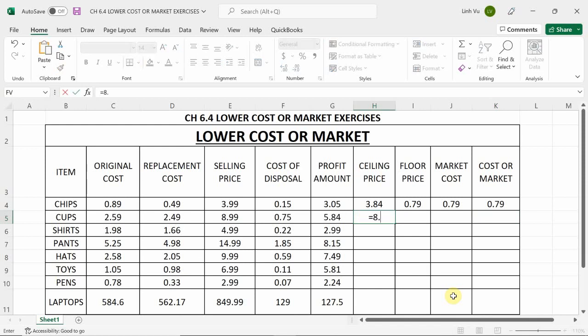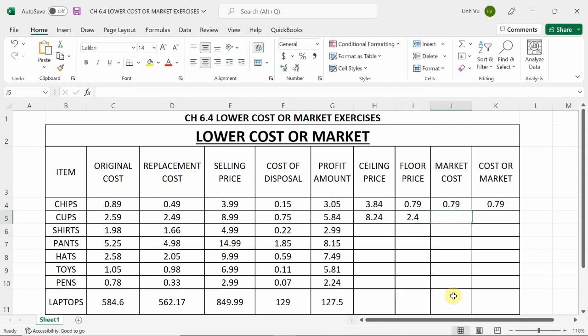Good. So in this case, $8.99 minus 75 cents is $8.24. Good. Net price value minus amount of profit. So $8.24 minus $5.84 equals $2.40.